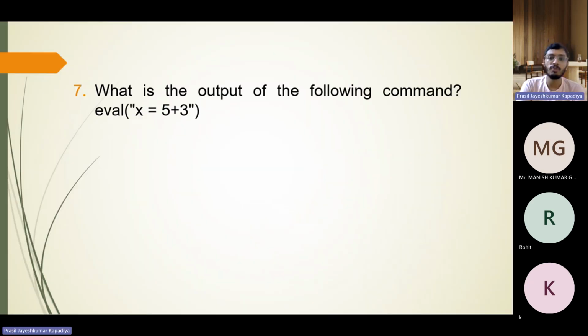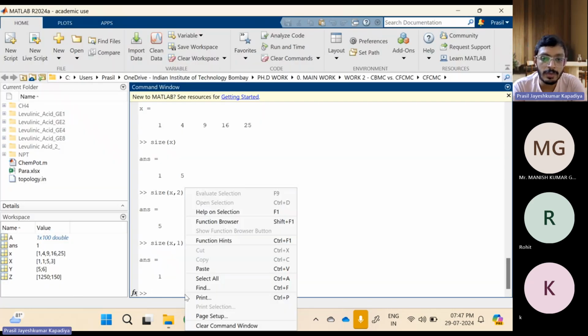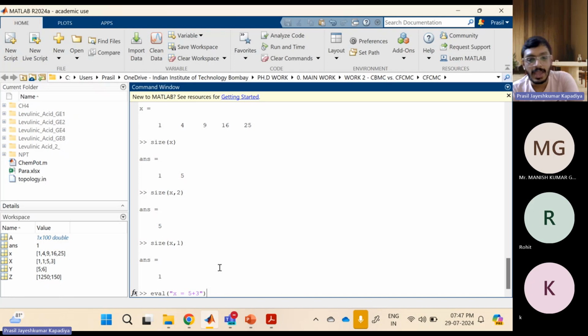Okay, the question is what is the output of the following command? Eval of X is equal to 5 plus 3. What does eval do? Eval evaluates the expression that we are giving. So if I am writing eval of X is equal to 5 plus 3, what should I get? What will be the value of X?